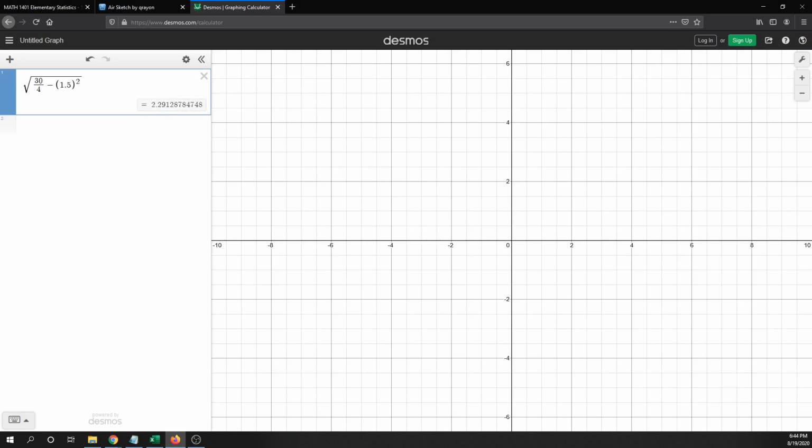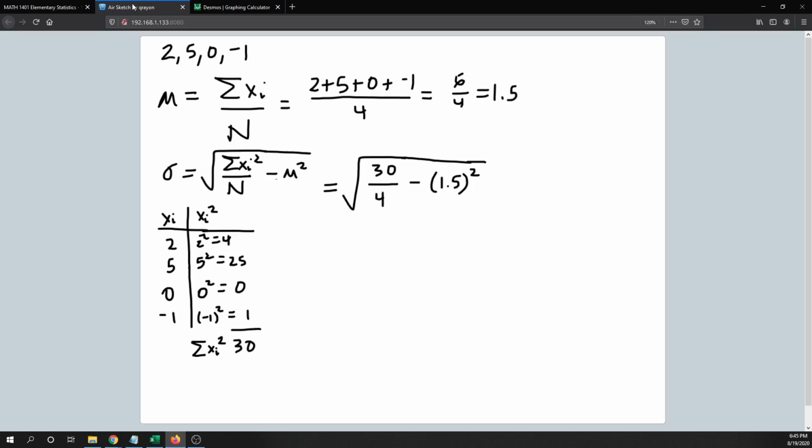All right, so putting that in here, we get this value, 2.291, and let's just give the answer to 3 decimal places. Like I said, in the quizzes and on the test, they will tell you how many decimal places they want you to display the answer. Okay, and so that's how you would calculate the population standard deviation.